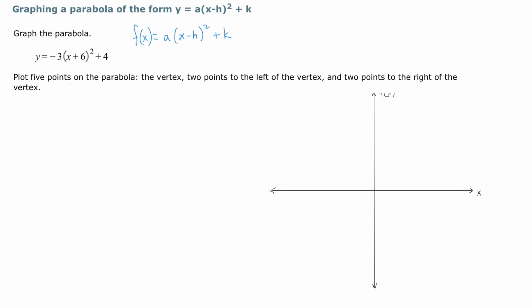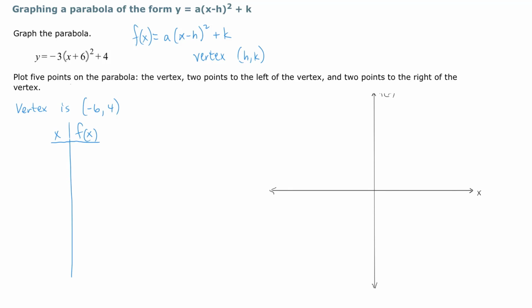We need to identify the vertex. The vertex is h comma k. In this case, our vertex is -6, 4. And we need to plot 5 ordered pairs. So we have x and then f of x.